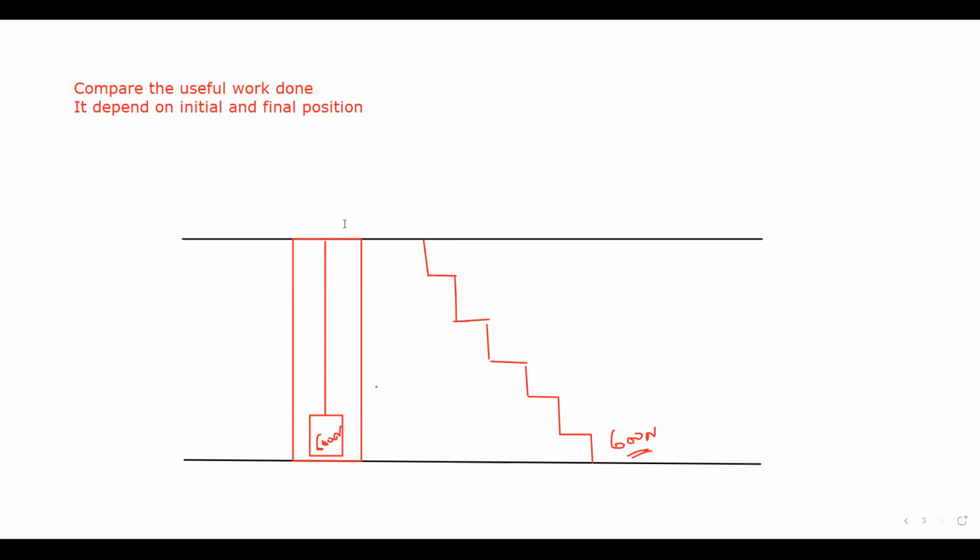Here, the lift, the elevator is doing work done, and here we are doing the work done to move from the ground floor to the first floor. So when we compare the work done by the lift with the work done by the body, the useful work done, because different work done will be there, but what is the meaning of useful work done?